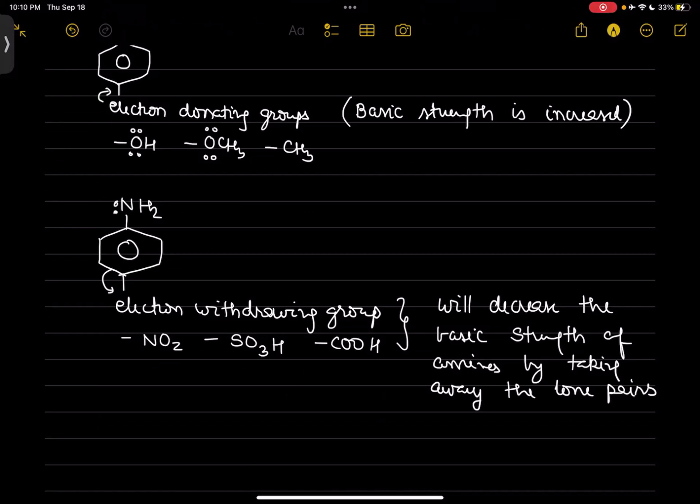The lone pair is delocalized further, so its basic strength is going to come down. Got it? Any doubts in this?